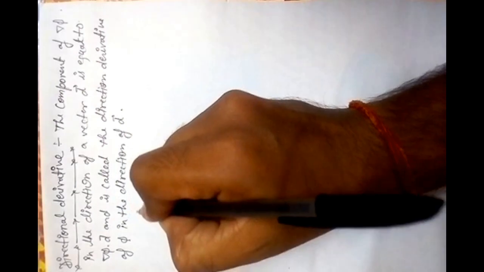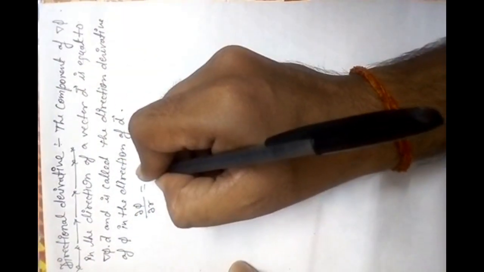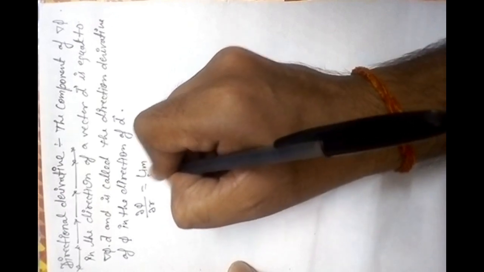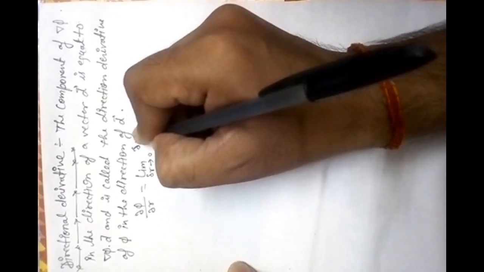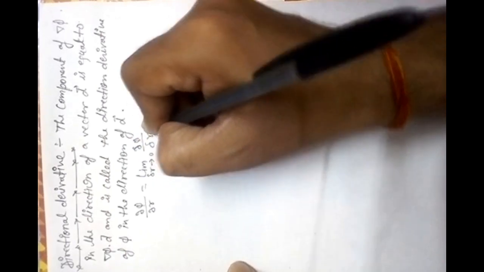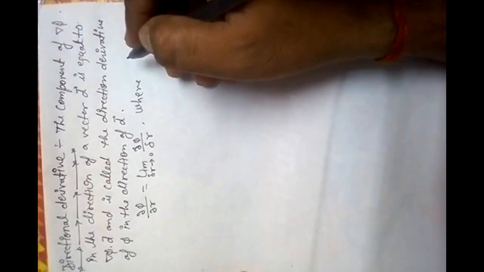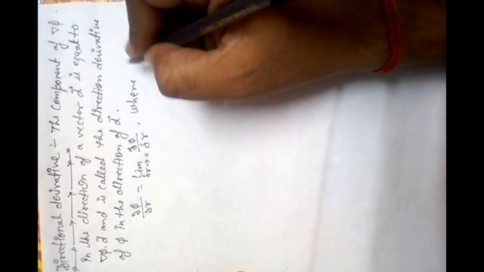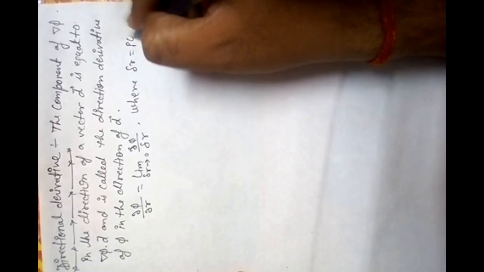Okay, now d phi upon dr is limit delta r tending to 0 of delta phi upon delta r, where delta r is equal to PQ.